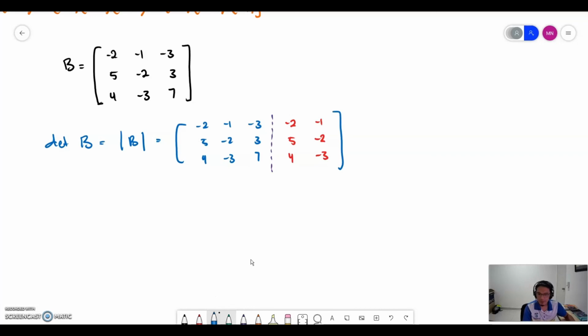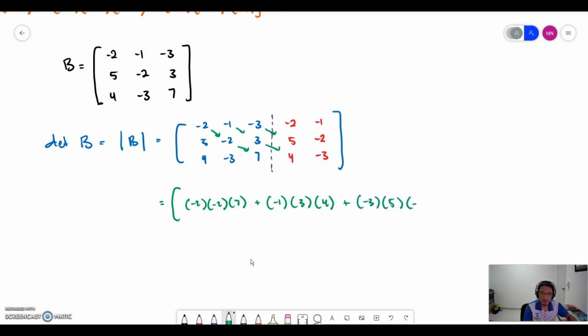So we proceed with the diagonal multiplication. First we do the right side: -2, -2 and 7, plus -1, 3 and 4, plus negative 3, 5, and negative 3. So this is the diagonal to the right side.